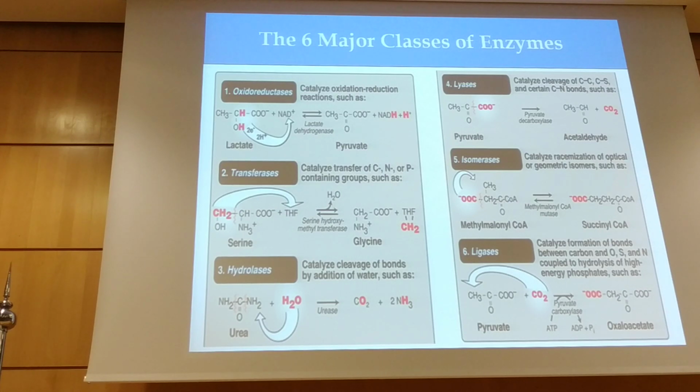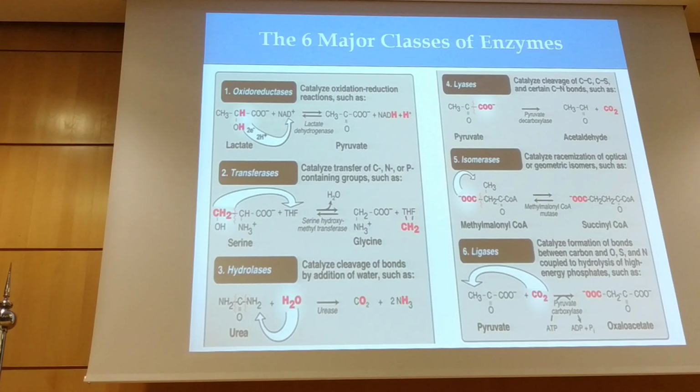If I give you a reaction where we have what we refer to as lyases, example here, they catalyze cleavage of carbon-carbon, carbon-sulfur, and certain carbon-nitrogen bonds. An example right there, carboxy terminal, pyruvate.